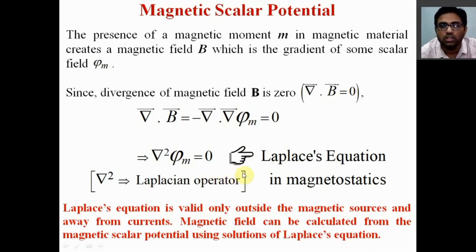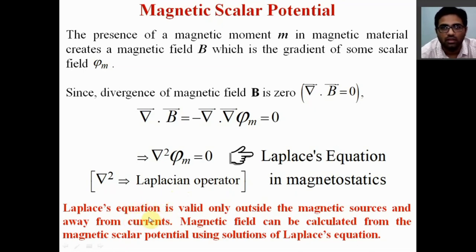The solution of this equation gives us the magnetic scalar potential. Here del square is called the Laplacian operator, which we have already discussed in electrostatics.